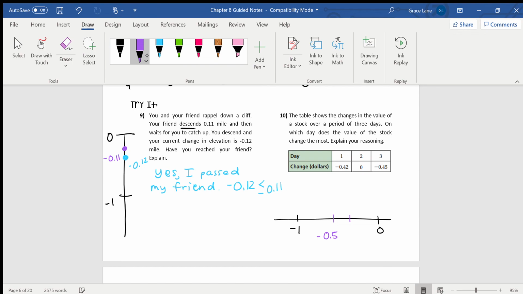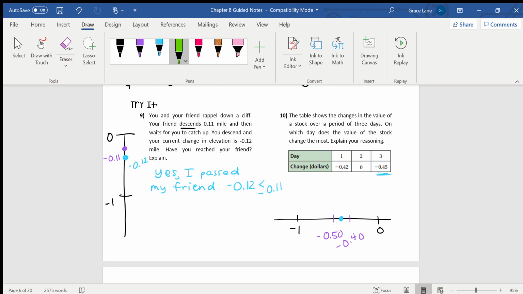Let's say this is negative 0.5, and let's say this is negative 0.4. I know that this one is going to be halfway between the two purple dots.